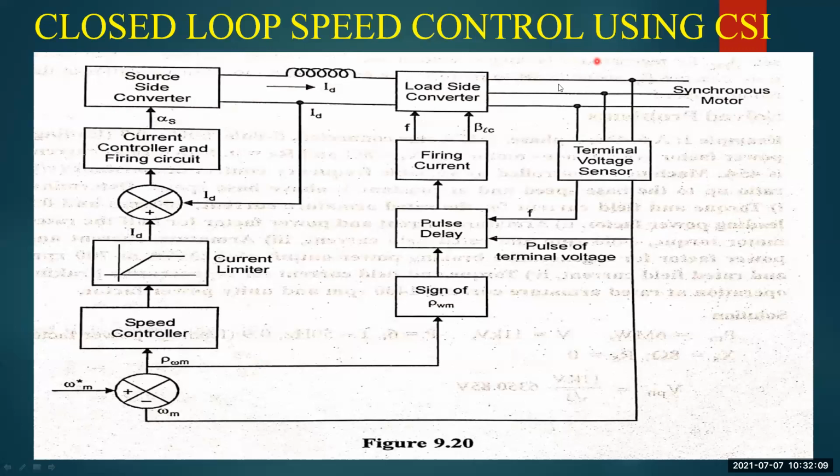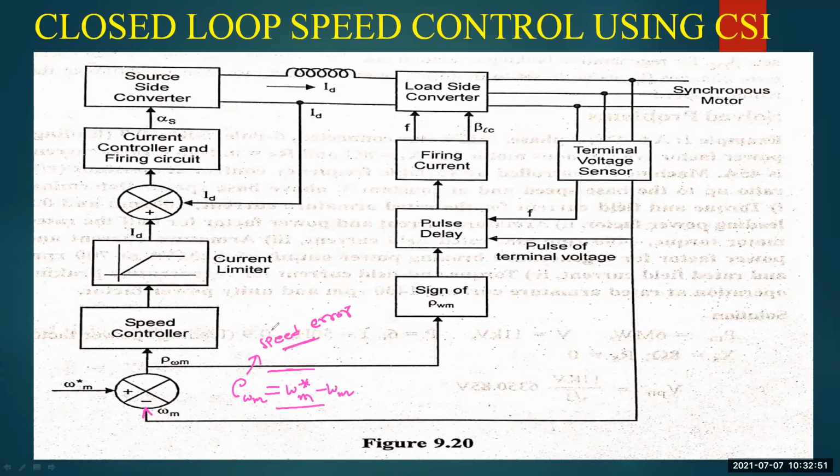E omega m is equal to omega m star minus omega m, because the actual speed is fed with a minus sign. The difference between omega m star and omega m is called the speed error signal.